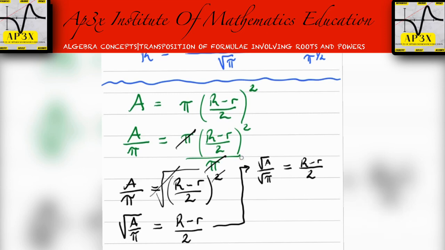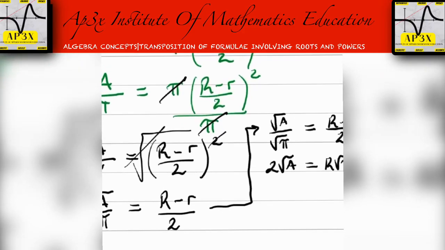This allows me then to clearly know what I'm going to multiply the 2 by. So then I can say 2 times the square root of A becomes 2 square root A. And then of course the square root of pi will multiply the big R and the small r. So the square root of pi times big R is R square root pi. And the square root of pi times small r is basically small r times the square root of pi.